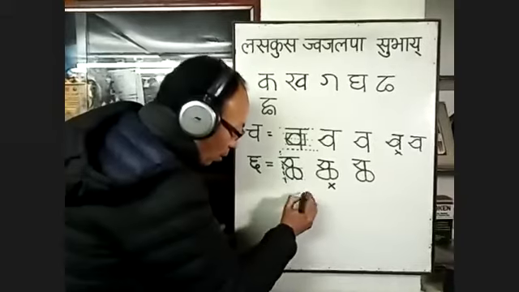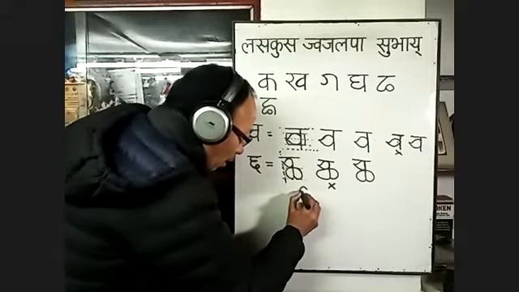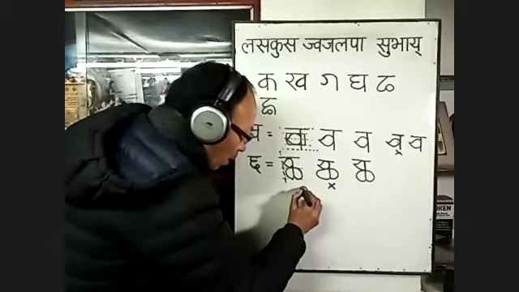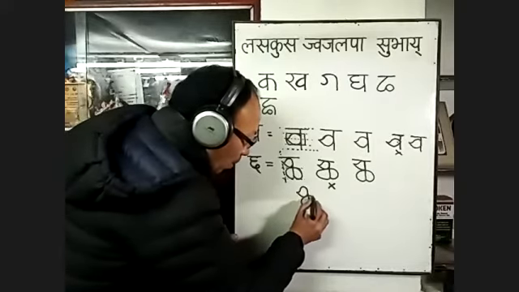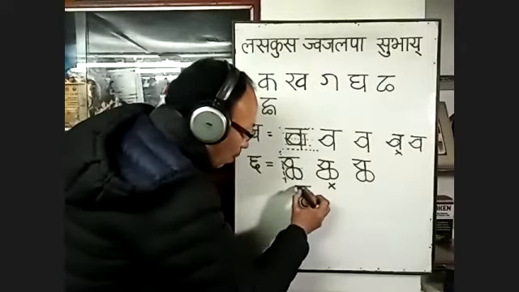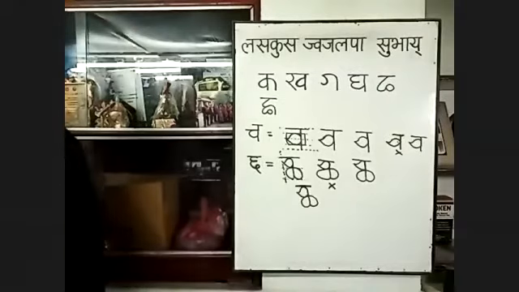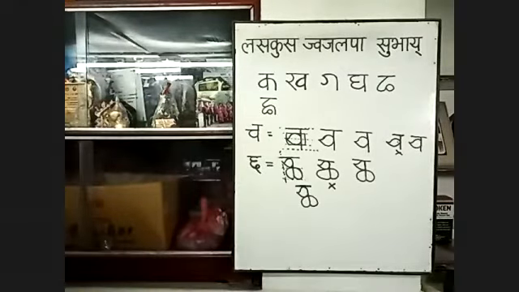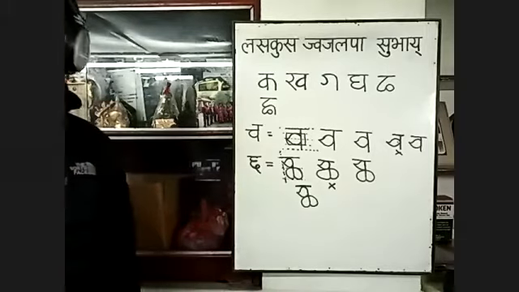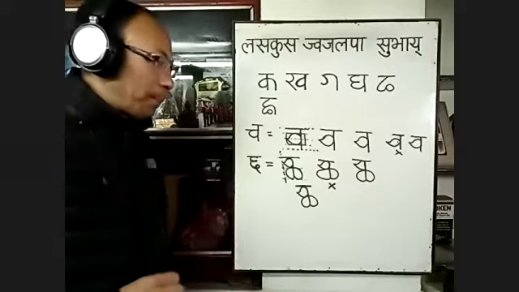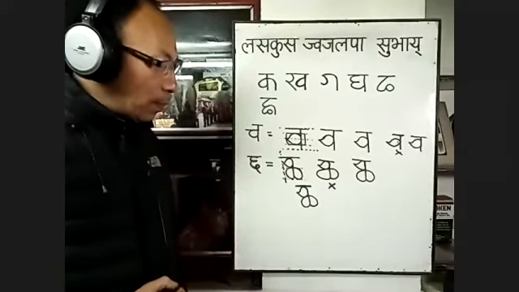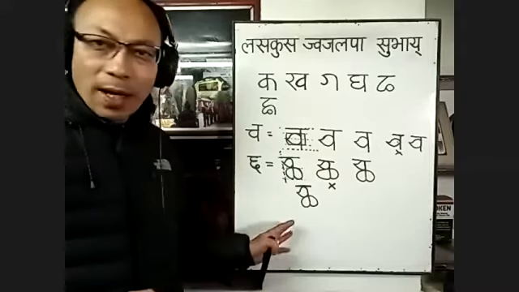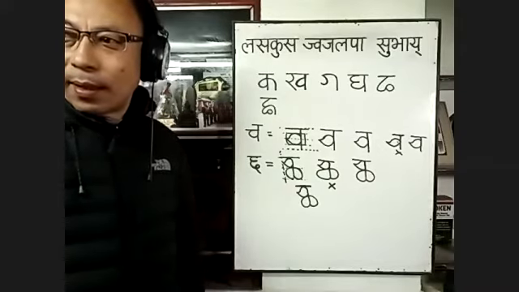First you write this shape, and then you join here and cha. Okay, any confusion? Any confusion?